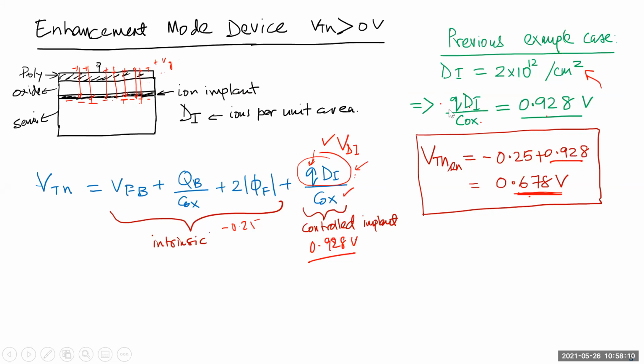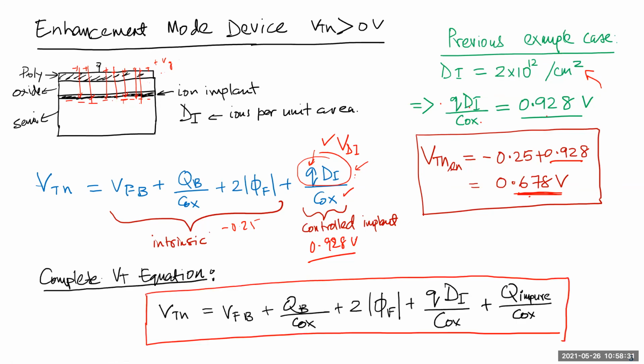So Q is a physical parameter, Cox is given for a technology. Then you calculate DI based on that, which in this case turns out to be 2 times 10 to the power 12 ions per centimeter square. And you do that kind of bombardment, and now you are going to get your positive VT voltage. Okay. And so now we make that correction.